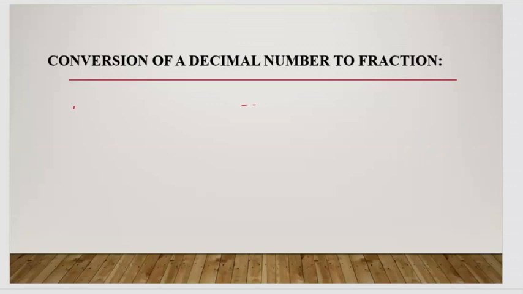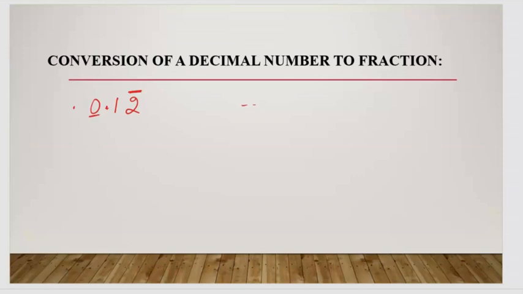Next, suppose you have 0.12 bar. Now as you can see, bar is only on 2, not on 1, right? So it means only 2 is repeating, 1 remains as it is. So how can we solve this? This is 0, doesn't matter, so 0 integer, 0.12 bar.